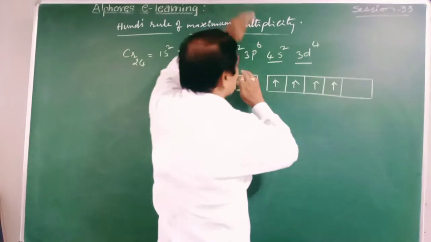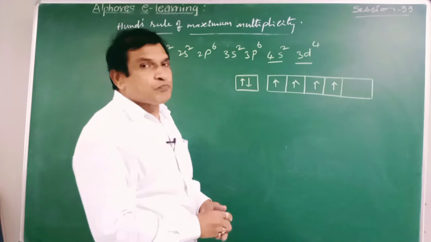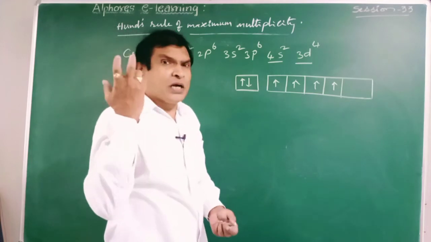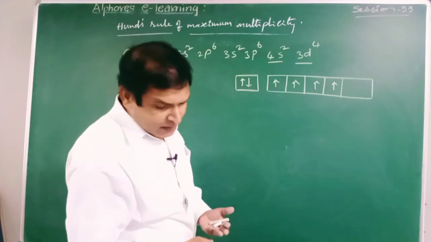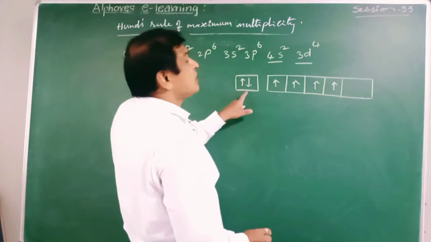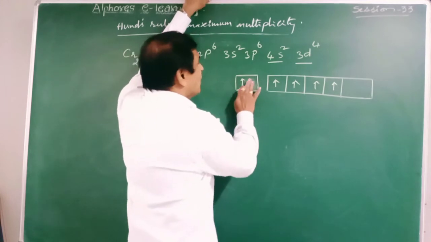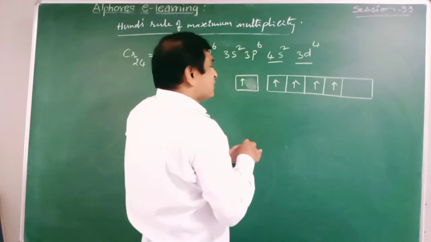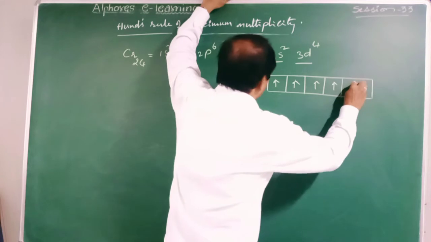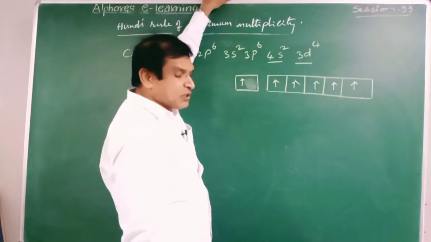But in order to acquire extra stability, a 4s electron is excited, that is, transferred to the d orbital, to become a half-filled stable configuration.